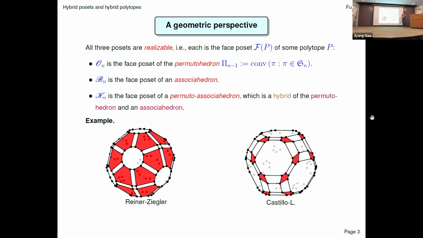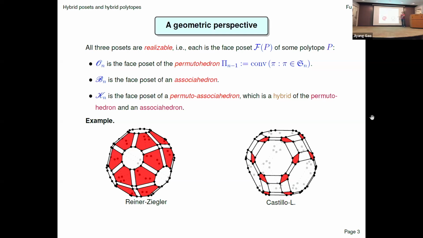So in order to think about this question, let's start by thinking about a geometric aspect of these three posets. In fact, all these three posets are realizable, meaning that each of them is a face poset of some polytope. So here, O_n is the face poset of the permutohedron, B_n is the face poset of an associahedron, and finally, K_n, Kapranov's poset, is the face poset of a polytope which he calls the permutoassociahedron.